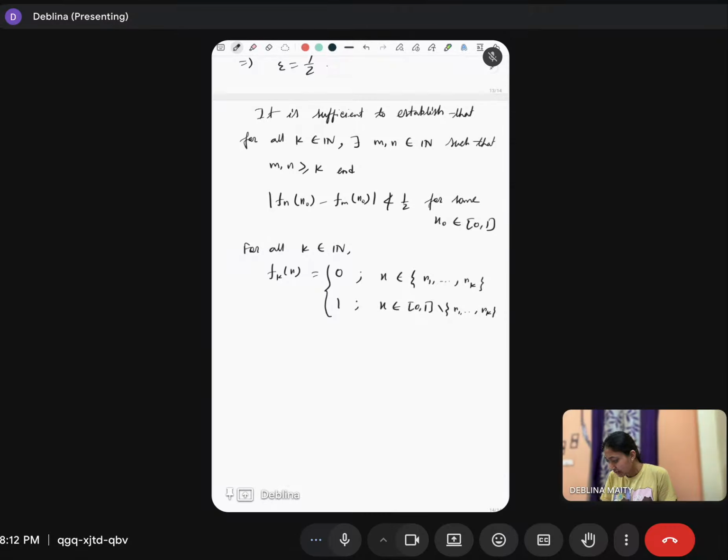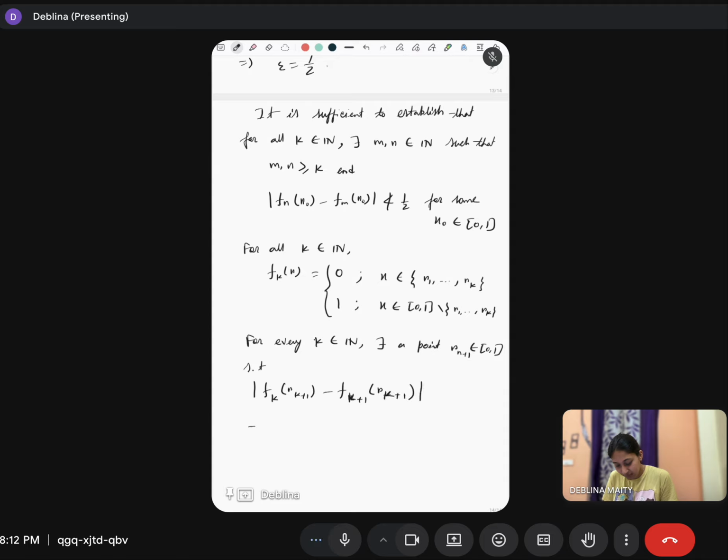Now for every k belonging to N, there exists a point R(k+1), a rational number, right? So R(k+1) belongs to [0, 1] such that what happens? This |fk(R(k+1)) - f(k+1)(R(k+1))|.